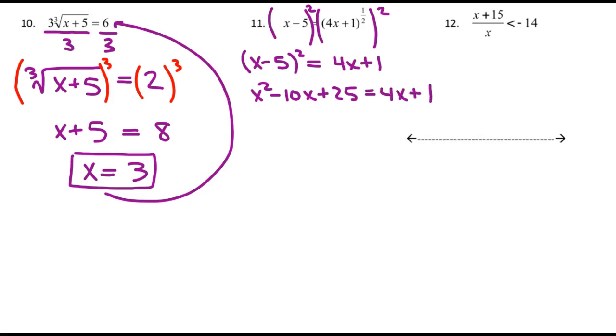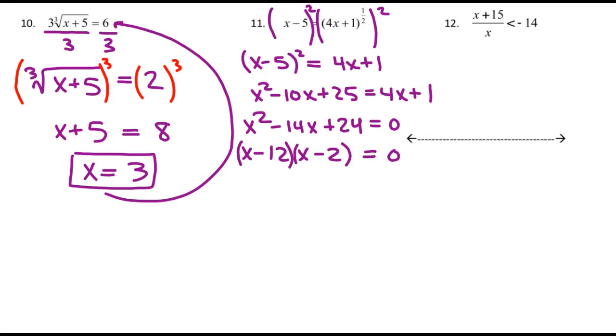Quadratic, set it equal to 0, factor and solve. So x squared minus 14x plus 24 equals 0. And that's going to be a 12 and a 2. So x minus 12, x minus 2 equals 0. So we got 12 or 2.